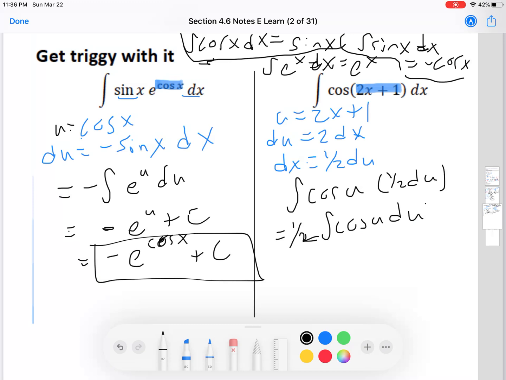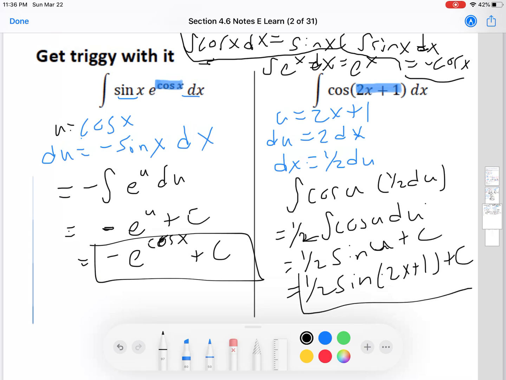And the integral of cosine u du is just sine of u, plus c. And I'm just going to put in, for my u, what I originally had for my u, which was 2x plus 1. And then that is my complete final answer.